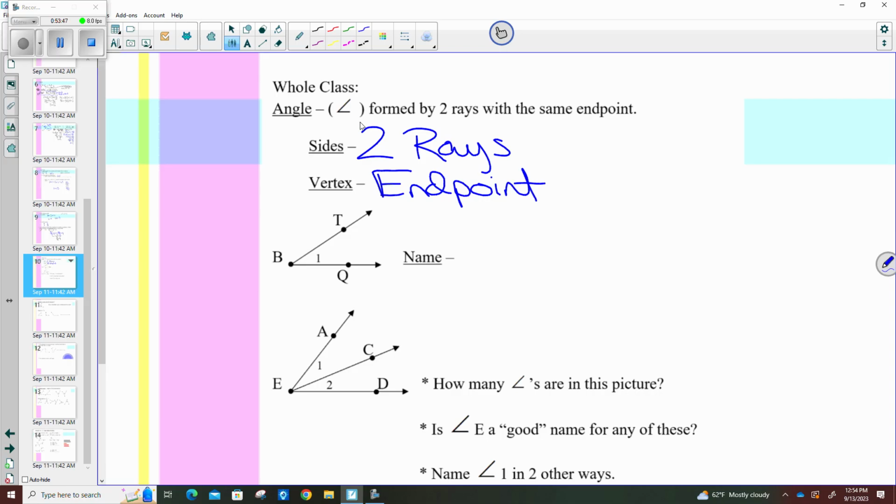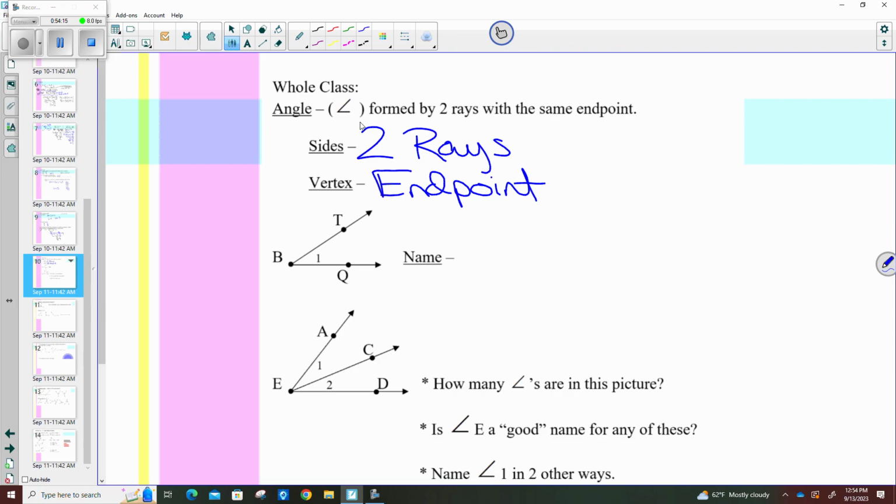So if I look at this next picture, what are the sides of the angle? I want to know what kind of angle it is. What object is on the side of the angle? Remember I said the sides were rays. It's not a line, it's a ray. Where does it start?